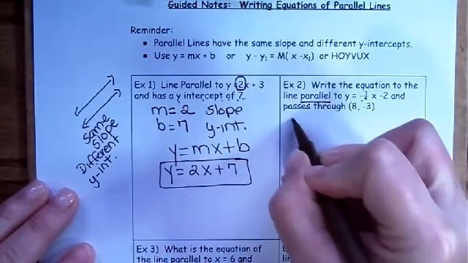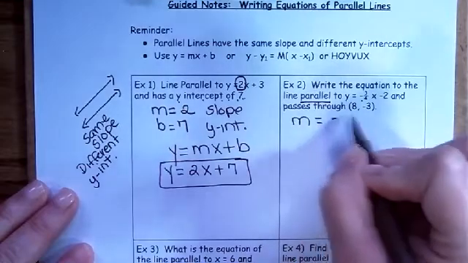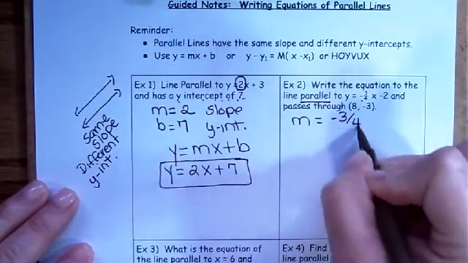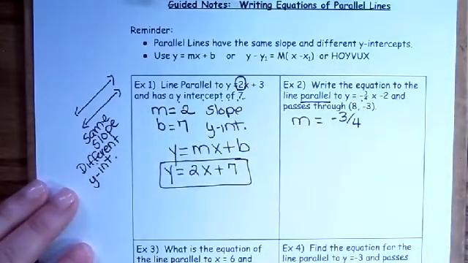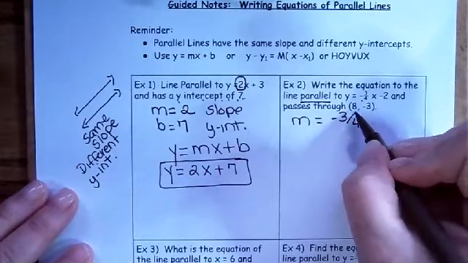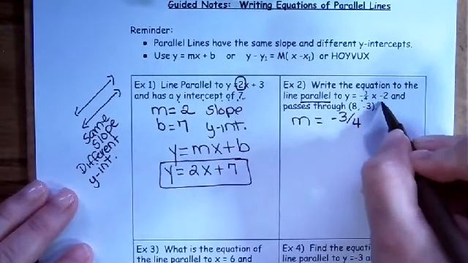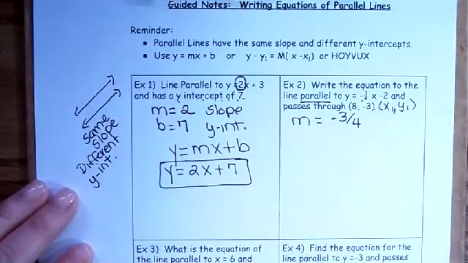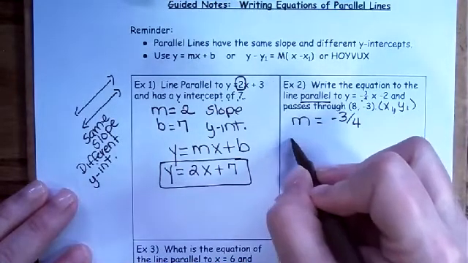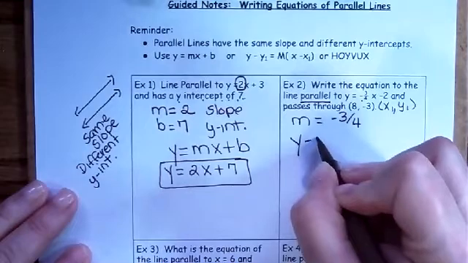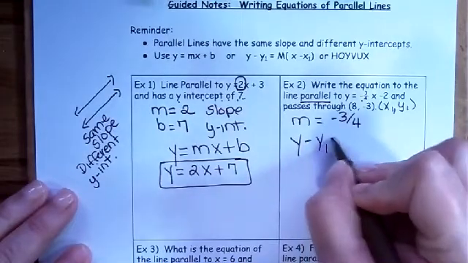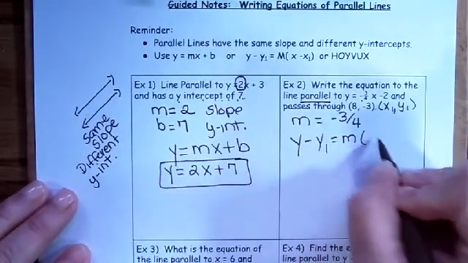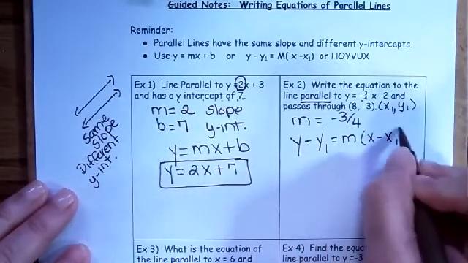Okay? What I do know if I'm going to do parallel lines is that my slope right here is going to be negative 3/4. Okay? And I know that my point (8, negative 3) is really going to be my x sub 1, y sub 1 in my formula. So I'm going to write down my formula: y minus y sub 1 equals m times parentheses x minus x sub 1.